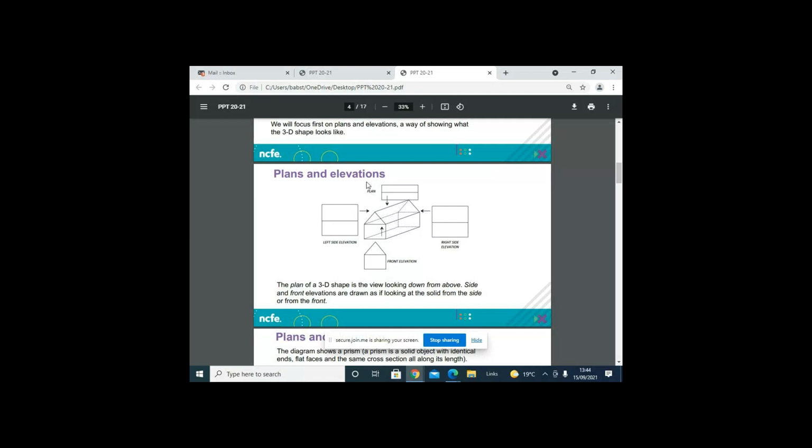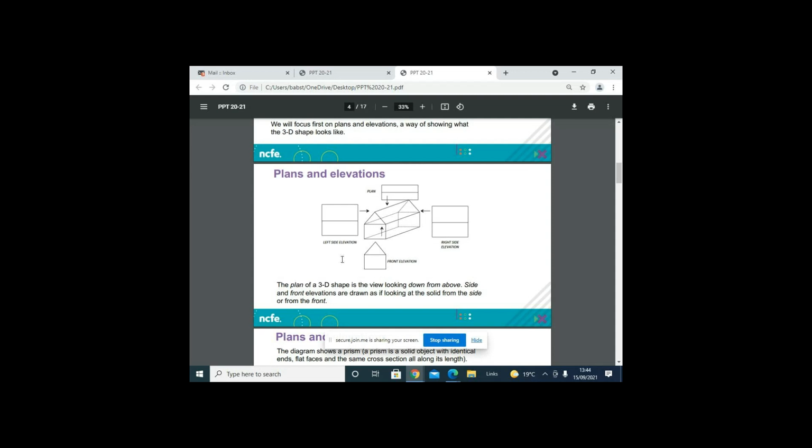What will you see? You will see a rectangle and a line between them. This down rectangle here, and the line between them is this line. That is the plane side of this shape.